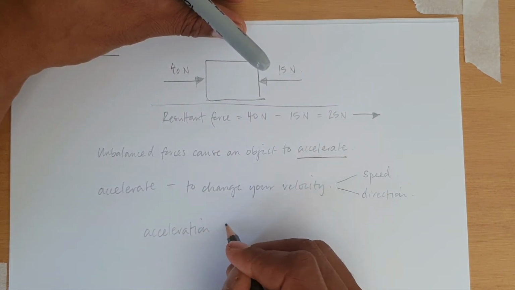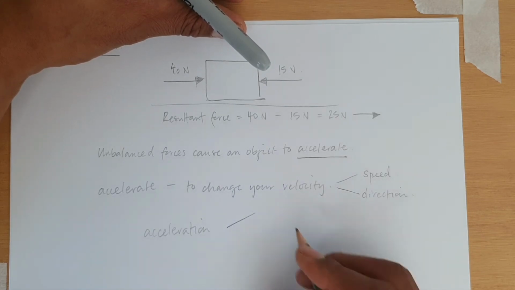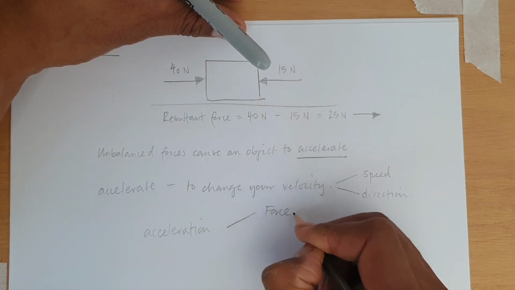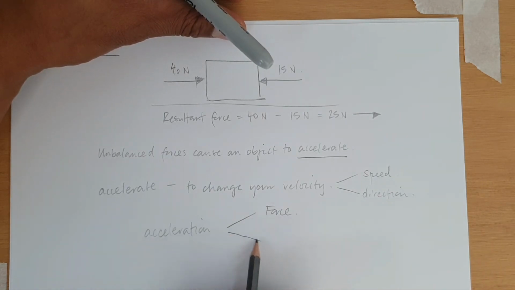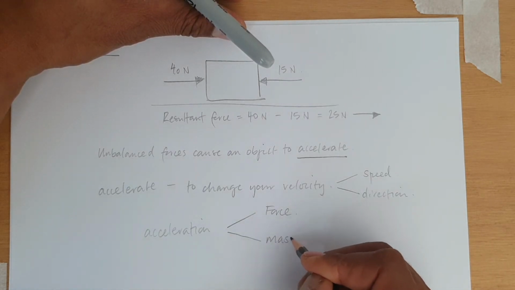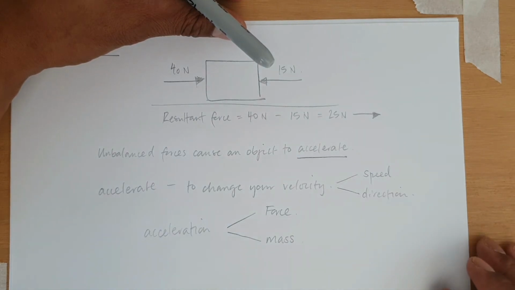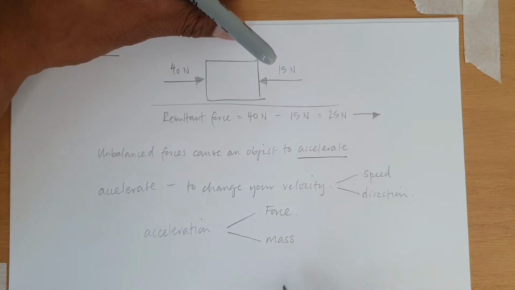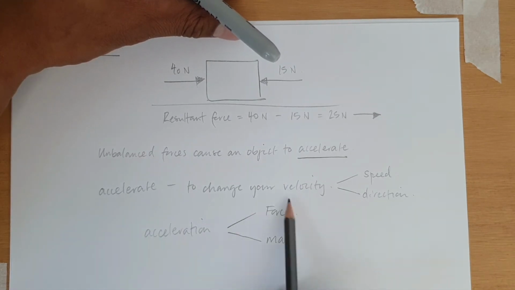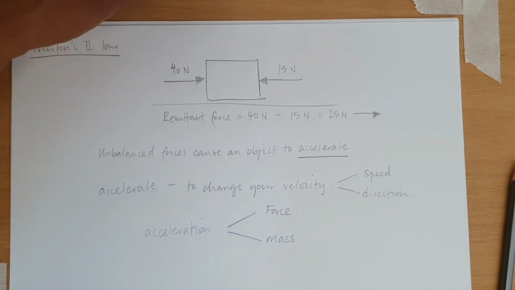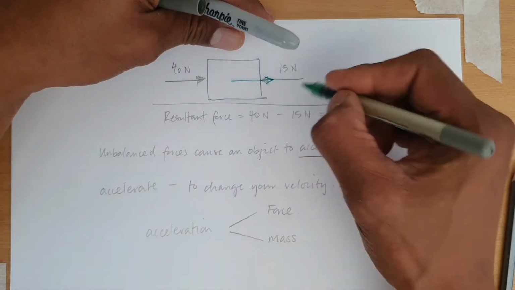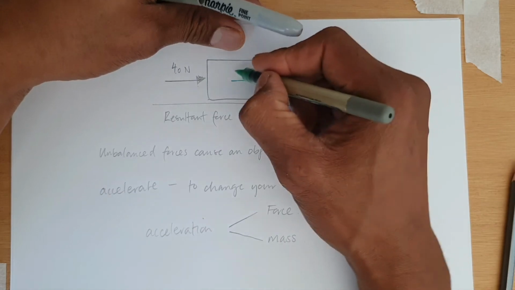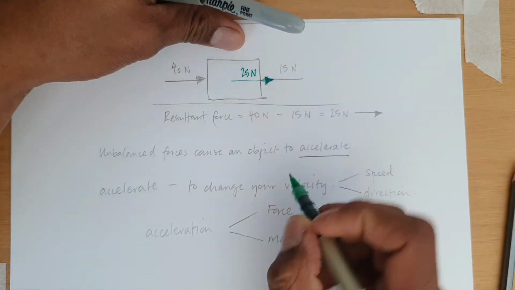It depends on the size of the resultant force, and it also depends on the mass of the object that's being accelerated, okay? Now, most people get the idea that if the force is bigger, so if this resultant force, and I'll draw our resultant force in because I haven't done that yet, my resultant force up here to the right is 25 newtons.